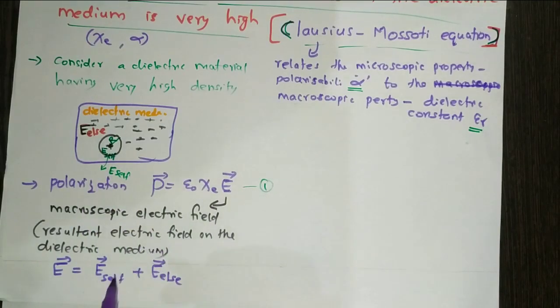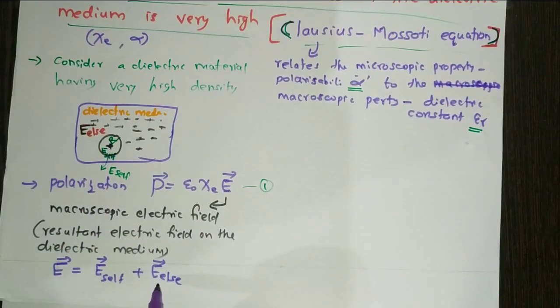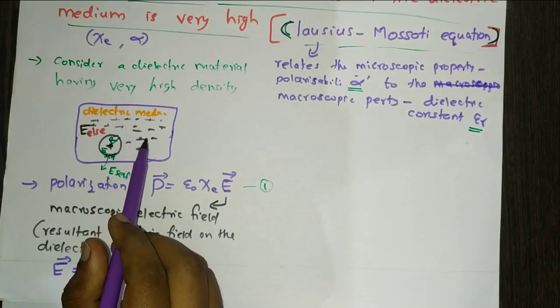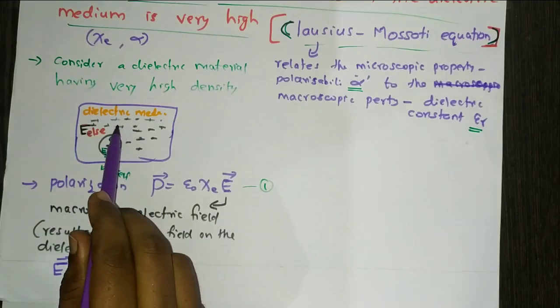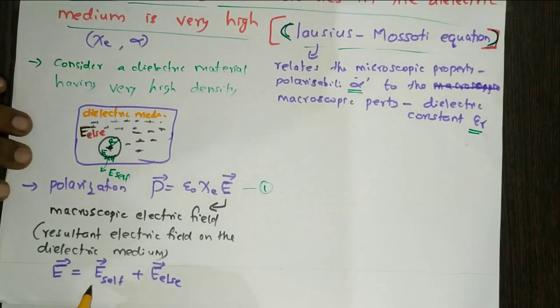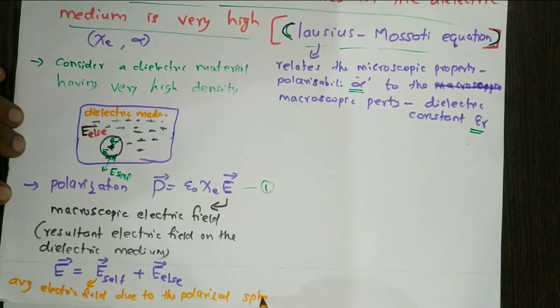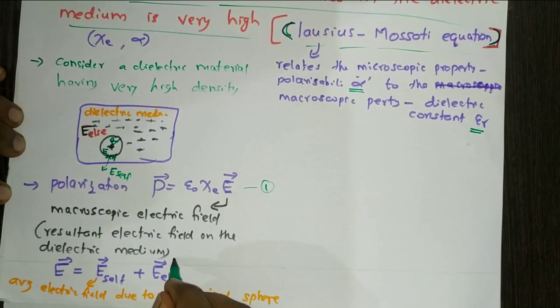Or in another way we can say that E self is the average electric field due to the polarized sphere, plus E else means the average field due to the polarization itself.